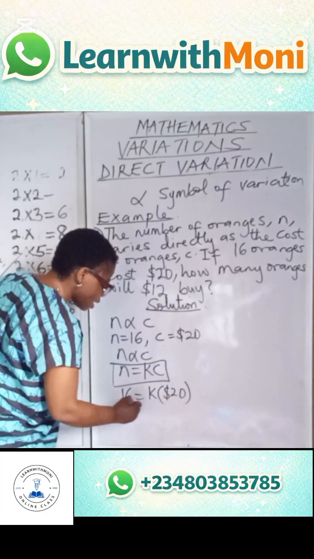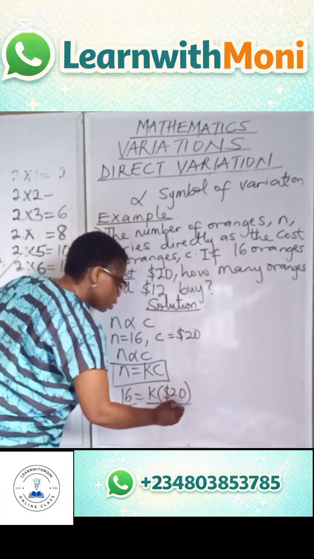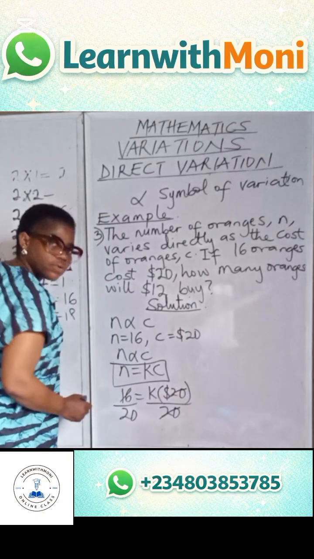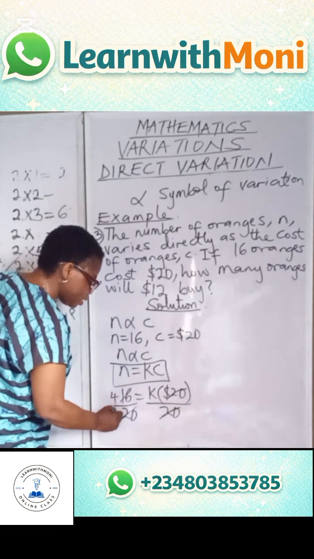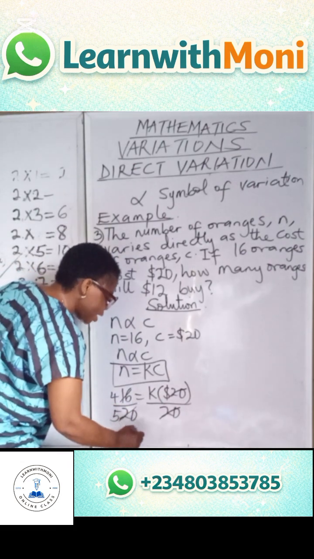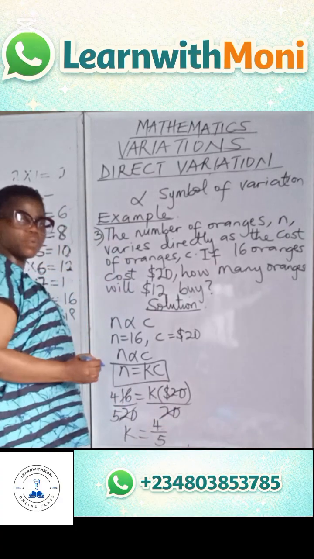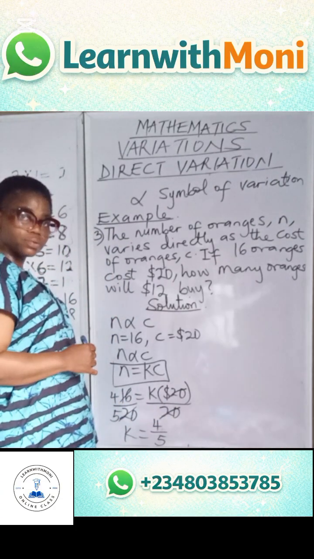So let us divide both sides by 20. 20 here cancels this 20, and 4 in 16 is 4, 4 in 20 is 5. That means K is equals to 4 over 5.